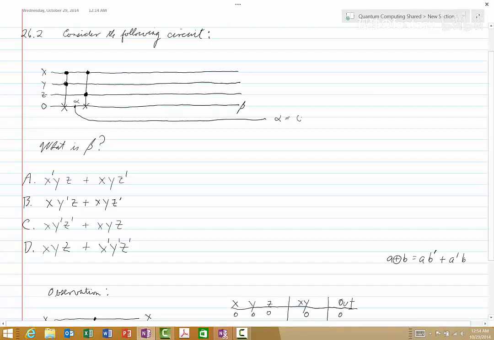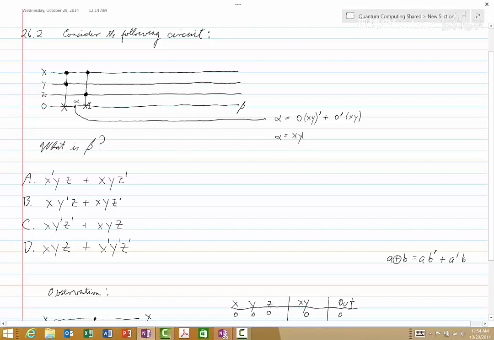So we have 0 ANDed with xy prime. And then that gets ORed with 0 prime ANDed with xy. And what does that give us? Well, 0 ANDed with anything is 0, so the first term goes away. 0 prime is 1. 1 ANDed with xy is just xy. So alpha is equal to xy.